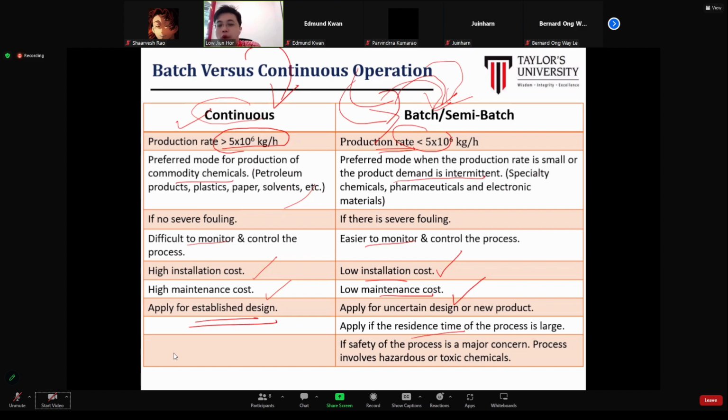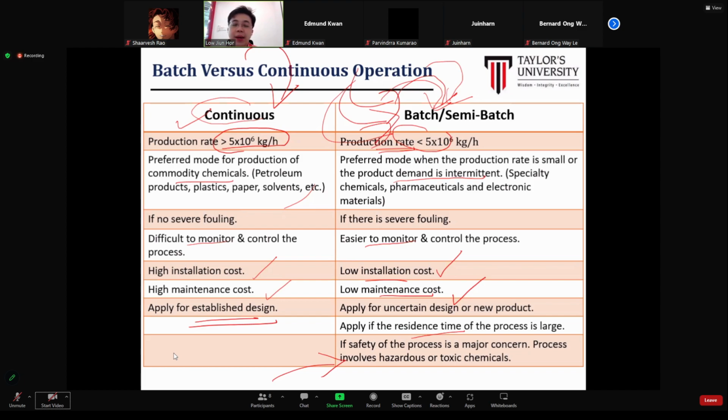And also if the chemical that you are going to use is very dangerous or hazardous, then you are also encouraged to use the batch operation mode. And one more thing, in most chemical reactions we need to install or use a catalyst.